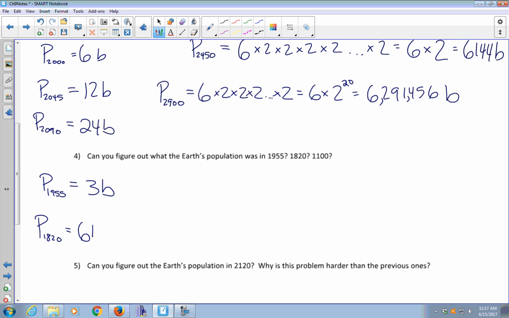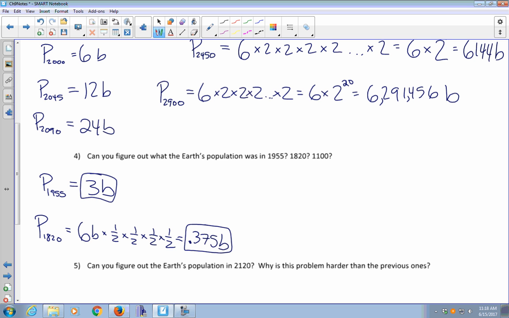I have to do 6 billion times a half, times a half, times a half, times a half, right? Because I'm halving 4 times to go back 180 years. So that is 6 times 0.5 times 0.5 times 0.5 times 0.5 is 0.375 billion, which means 375 million.